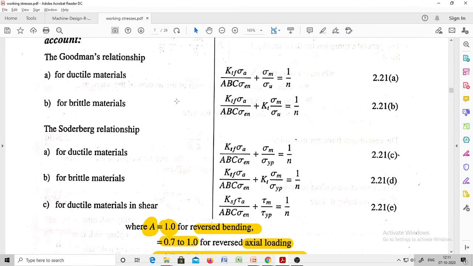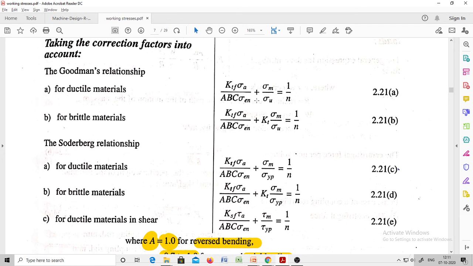Have you got this equation, the Goodman relation for ductile material? KTF sigma A divided by ABC into sigma E, plus sigma M by sigma U equals 1 by n.